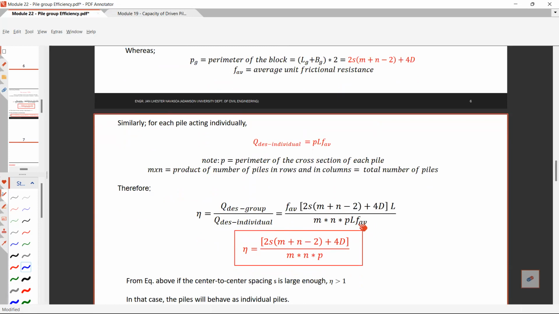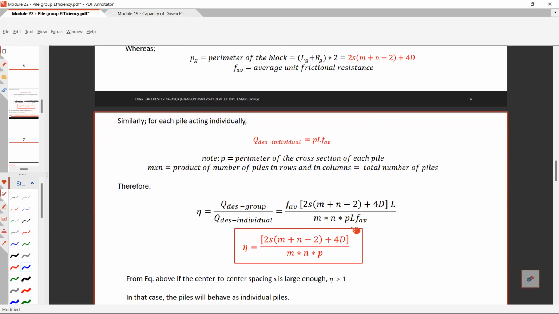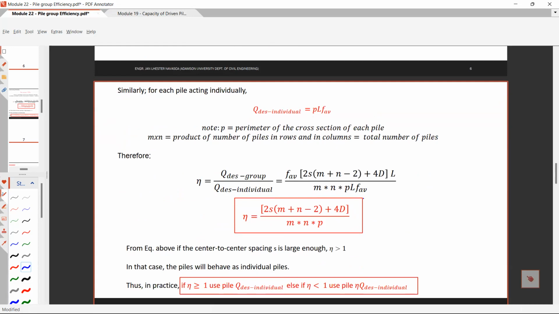Okay, the capacity of piles individual. Okay, so therefore we can cancel out fAB and L. What you have left is 2S times (M plus N minus 2) plus 4D all over M, N, and P.